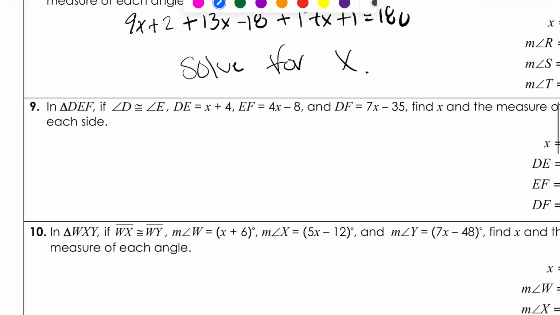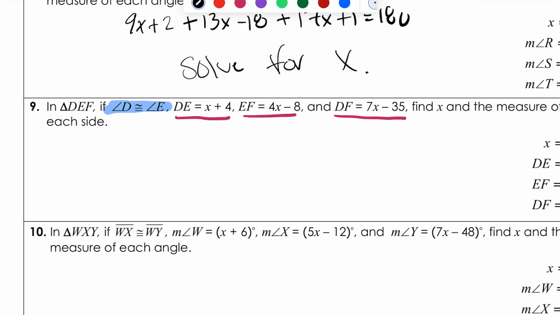But number 9, it says in triangle DEF, if angle D is congruent to angle E, and if you look, line DE is x plus 4, line EF is 4x minus 8, and line DF is 7x minus 35. The problem with this is, 1, they are not angles, so we cannot add them to equal 180. And 2, it told us that 2 angles were congruent.